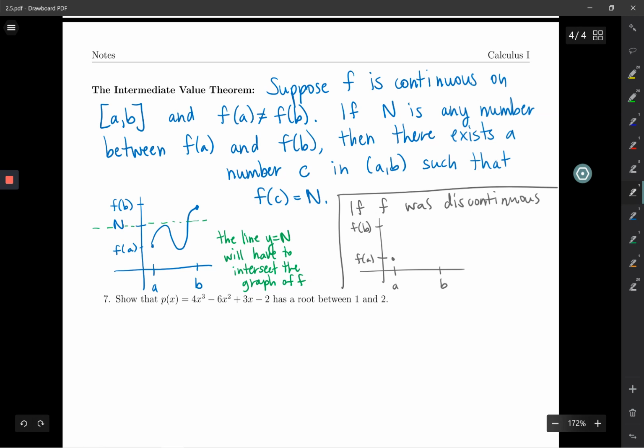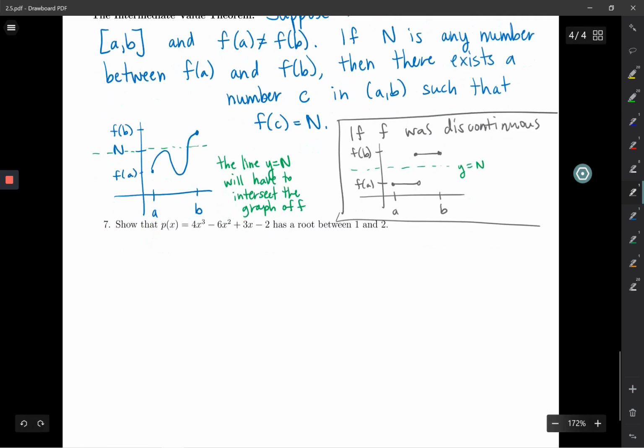So I have my values of my function like this, and I'll draw my line. This is y equals n. Okay, now what could happen if f is discontinuous is we could have a jump. So it could pop from down here to up here, right? Without ever passing through the green line. So that is an example of why it is important that f is actually a continuous function.